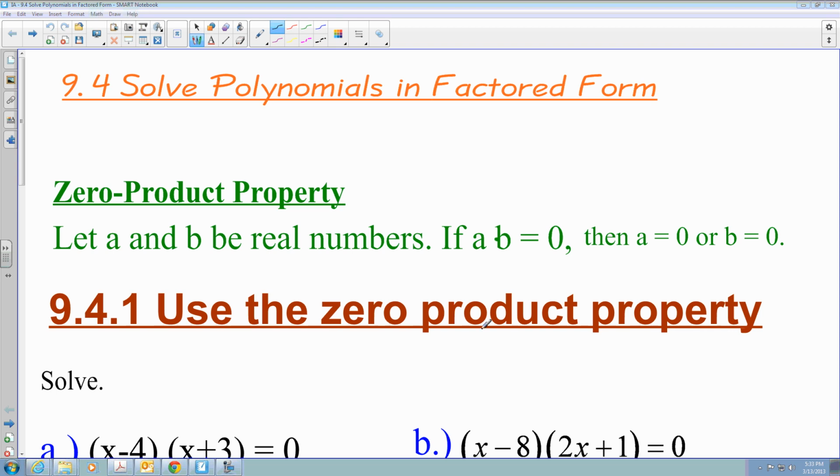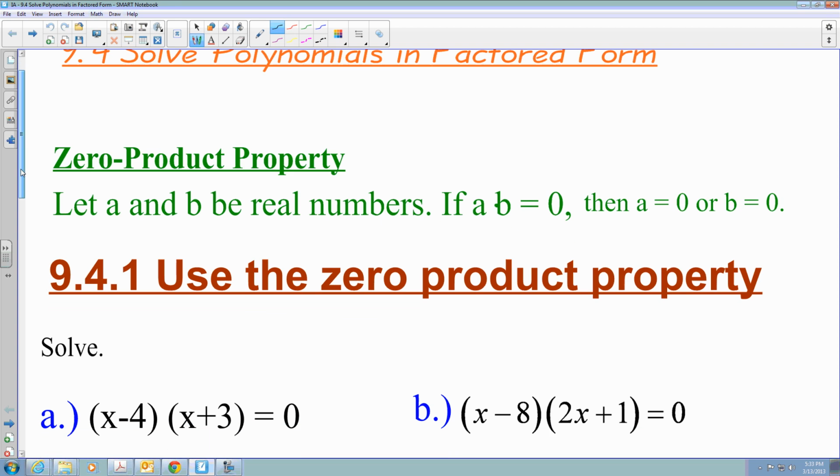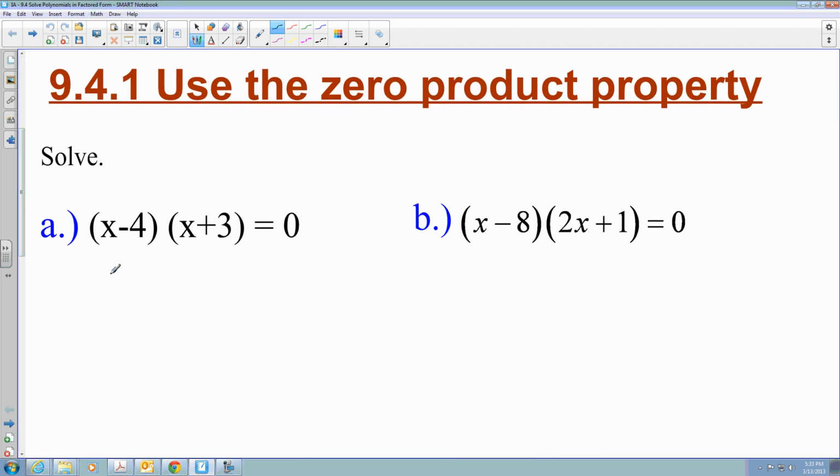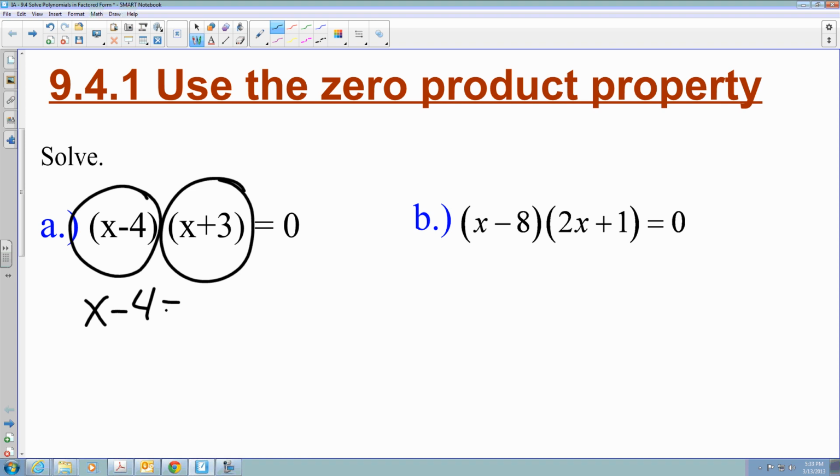So when we're using the zero product property in our examples, we have to make the assumption that either x minus 4 is 0 or x plus 3 is 0. So what we basically get to do is set both of these parentheses equal to 0. So I'm going to have x minus 4 equals 0 and x plus 3 equals 0.